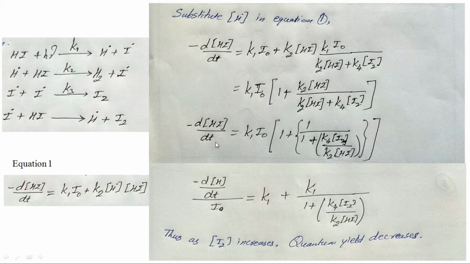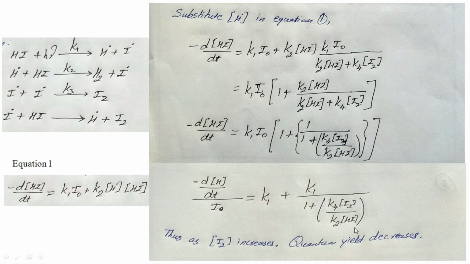Further, let me shift I0 to the other side and multiply this K1 with the inner bracket. We get minus d[HI]/dt whole divided by I0 is equal to K1 into 1 is K1 plus K1 into 1 is K1 divided by this whole term.